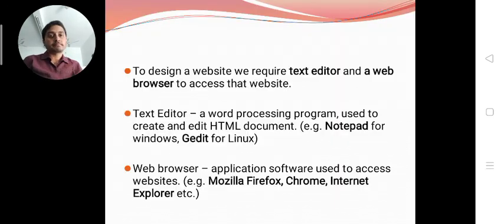Okay, how to design a website? Because in our syllabus we have a little idea about designing a website, so we will be discussing this also. To design a website we require one text editor and a web browser to access that website.